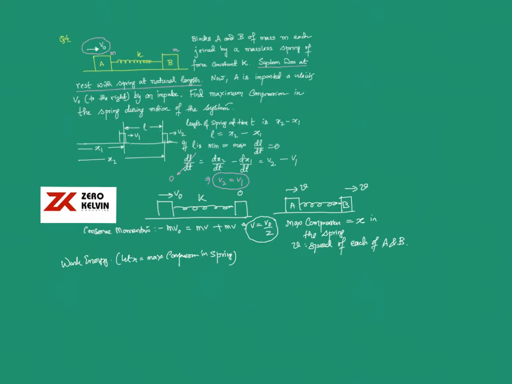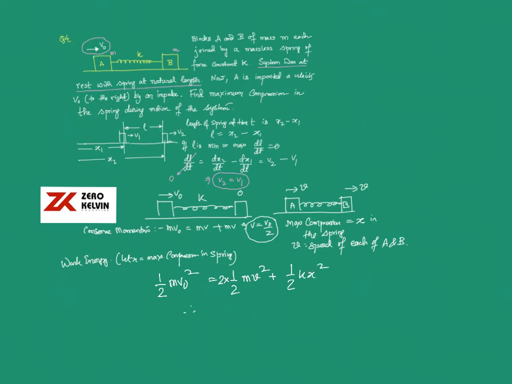So now we will write the work energy equation. At start, what is the kinetic energy? Half m v0 square. Final kinetic energy is half m v square for each, so it's multiplied by 2, plus half k x square, the potential energy stored in the spring.